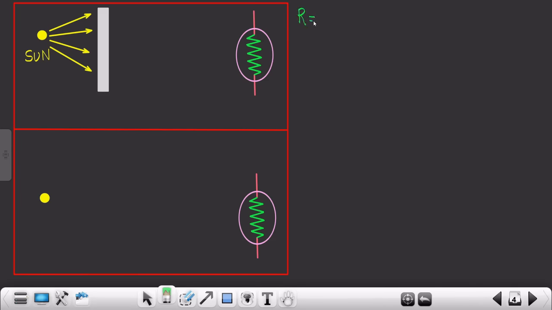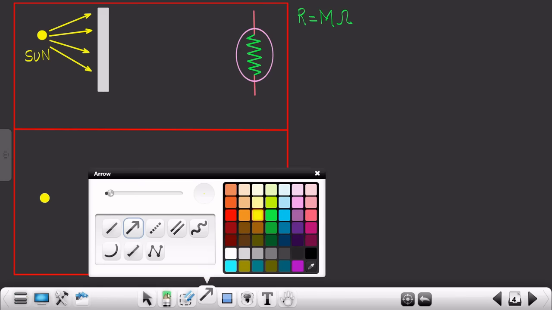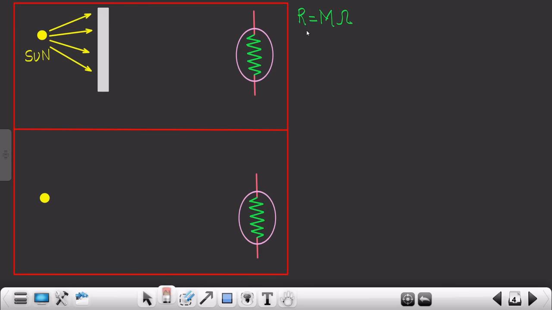That means it will act as if it is open circuited, or it will provide high resistance. As you can see, it is in mega ohms, so it provides high resistance.